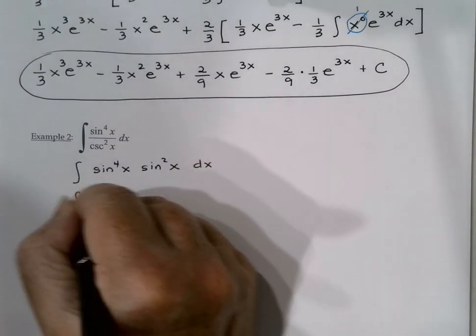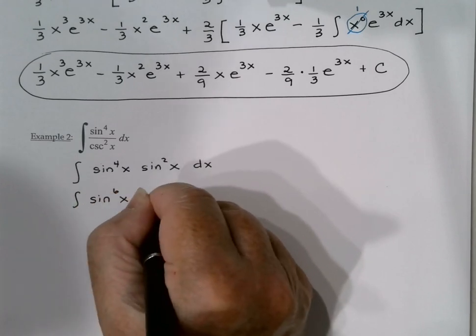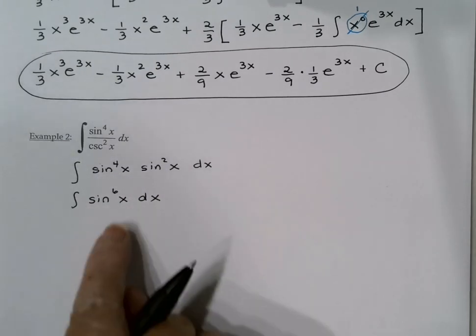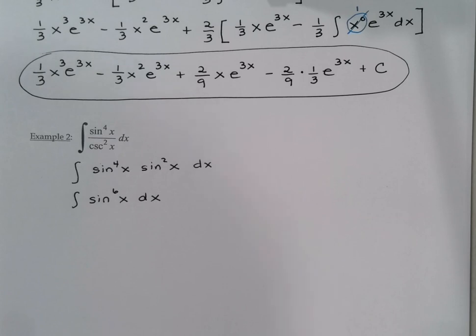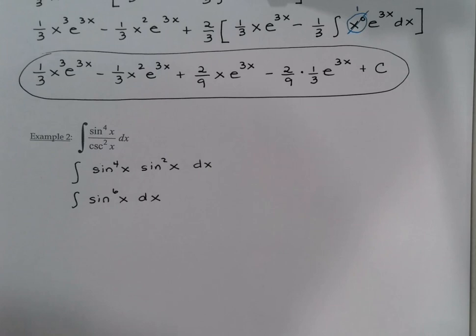So what I actually have is the integral of sine to the 6th of x dx. Now again, you'll remember in the last chapter, or last unit, we learned how to do these powers of sines and cosines, but those were pretty long, involved problems. And I'm hoping that we now have something in our table that's going to help us. So I'm looking for trigonometric integrals again. And let's see here.